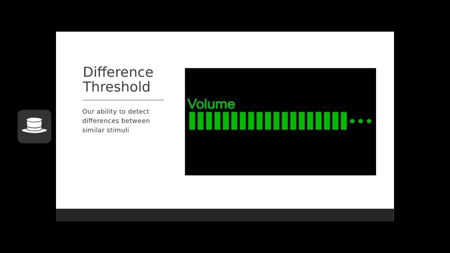Also, if you've ever been shopping for lipstick or paint swatches, there are two colors that sometimes have very different names that for some reason look exactly the same. Some people might be able to tell the difference between the two, but other people might have a much harder time determining that one is different than the other. This is an example of the difference threshold.